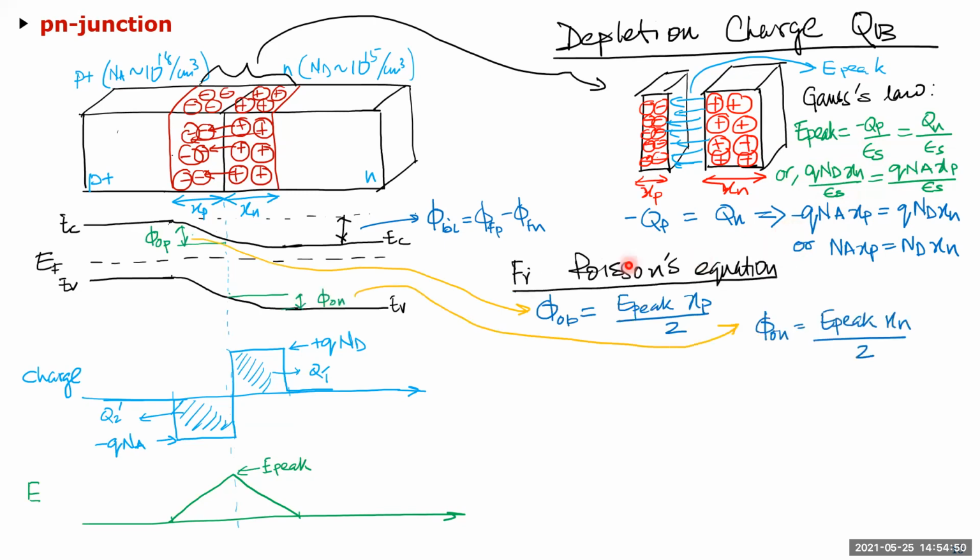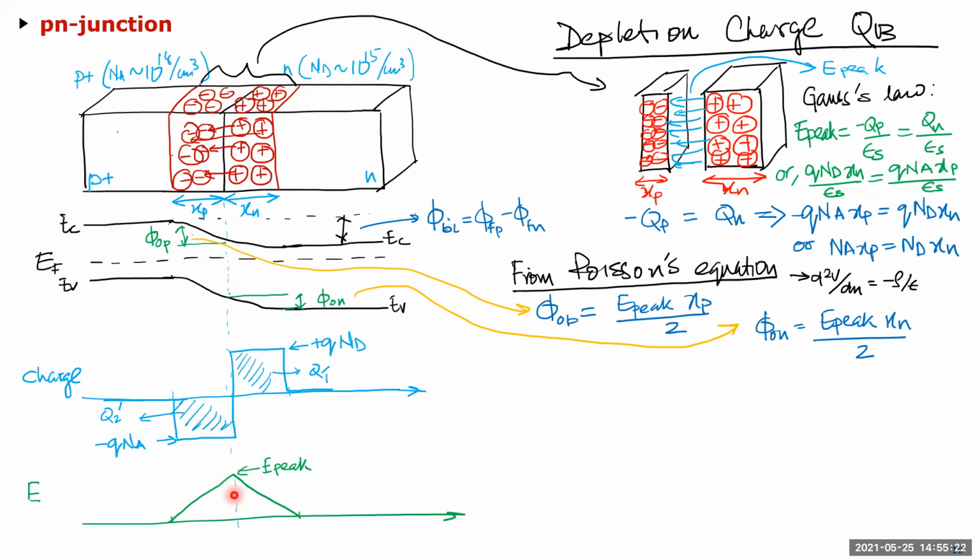Now, if you look at the potential, the band bending on just one side, you can show it to be the peak of the electric field times XP divided by 2. If you assume this is linear, that's an approximation, but it's a pretty good assumption. Then you can say this peak divided by 2, because you're taking this triangle and taking the average of it.